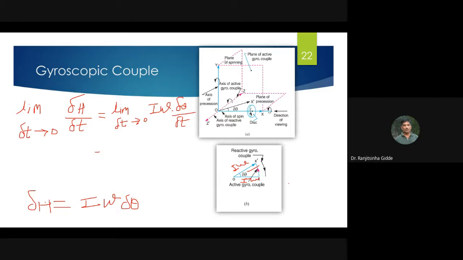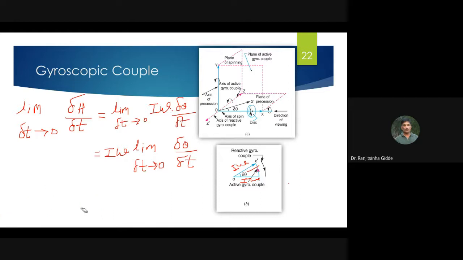Next line, this I omega is constant, only we need to take limit for this delta theta. Okay. Up to this completed?